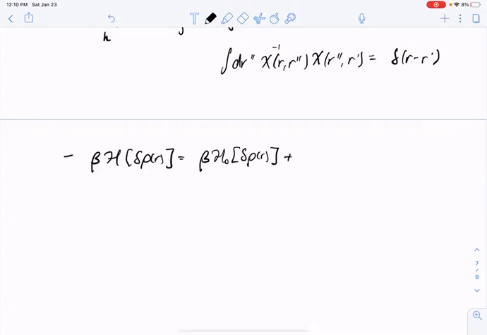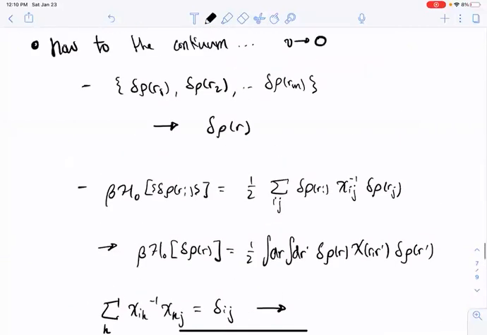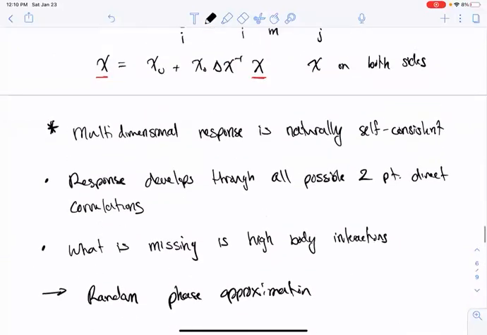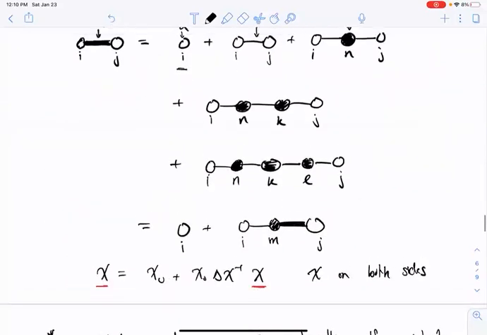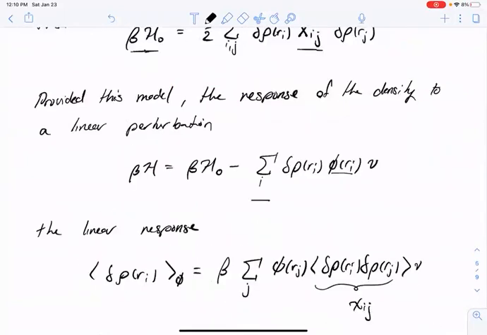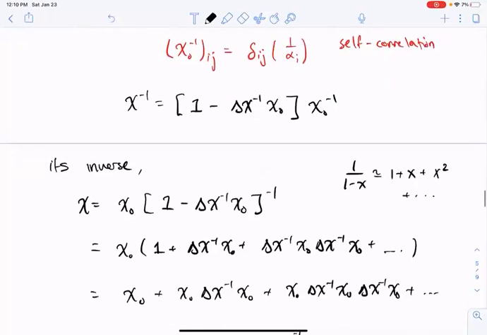The perturbation previously, all the way back up here, was some delta rho times some potential phi evaluated on the field points.